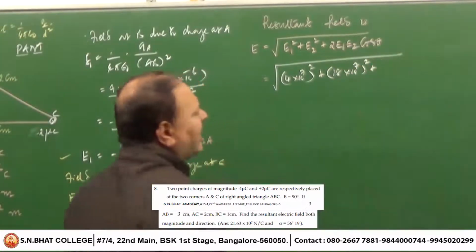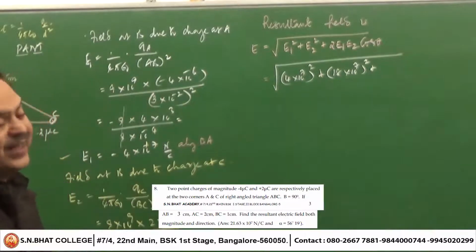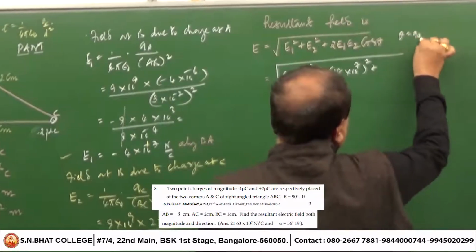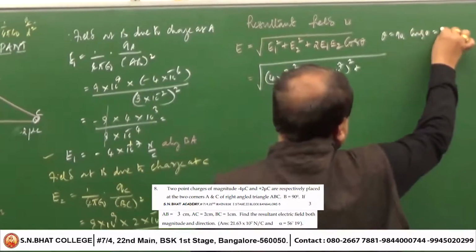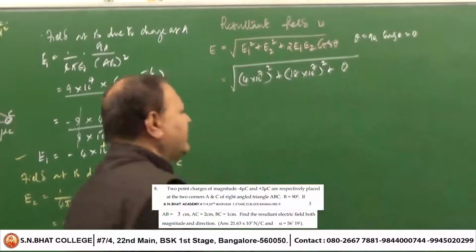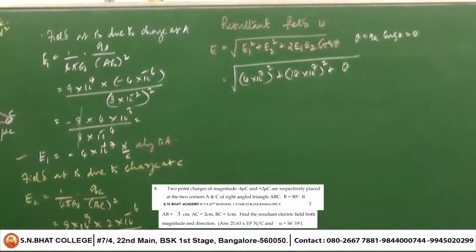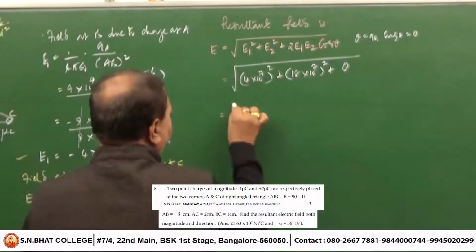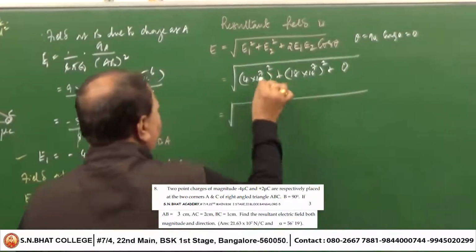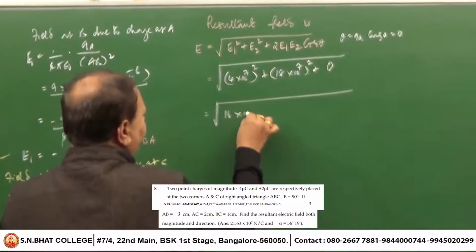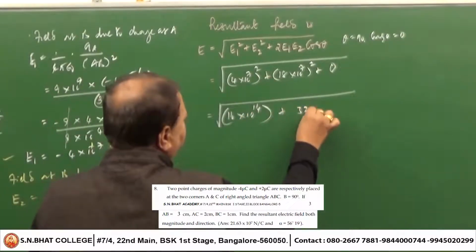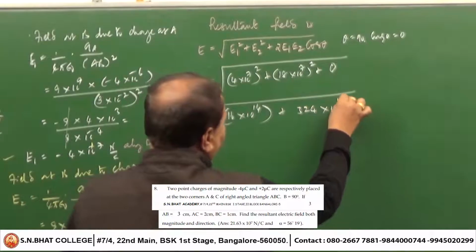And this term, look at this term, the term becomes 0. Why does it become 0? Since theta is equal to 90, cos 90 is equal to 0, and therefore this whole term is equal to 0. Therefore, your value would be 4 into 4 is equal to 16 into 10 to the power of 14, and 324 into 10 to the power of 14.